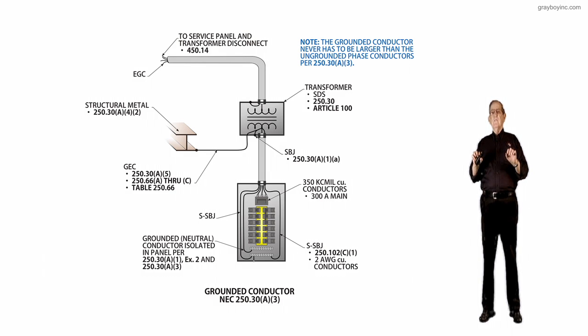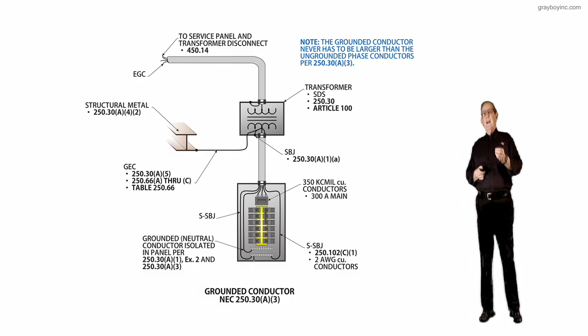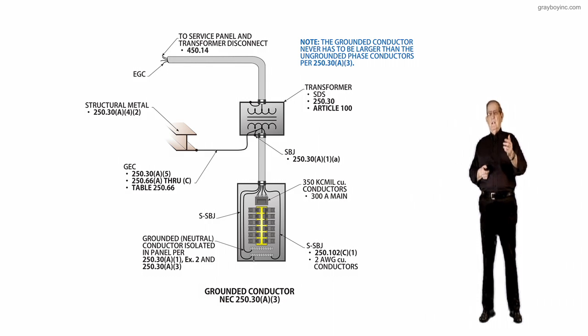So there's a number of things that took place here, but in 250.30(A)(3), we could ground here, as you see, to the structural steel, and we could have metal conduit enclosing our conductors down to the breaker, and we could size that in a 10-foot length, a 25-foot length, over 25 up to 100, and then any length. But you would be looking at 250.21(C) and 250.92 and sizing it properly.